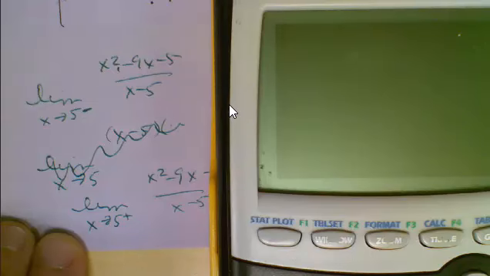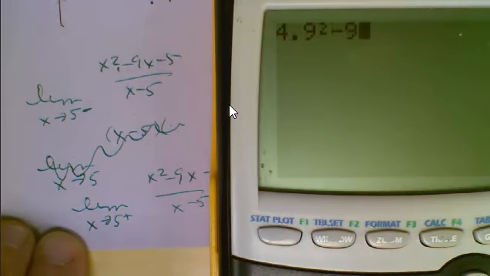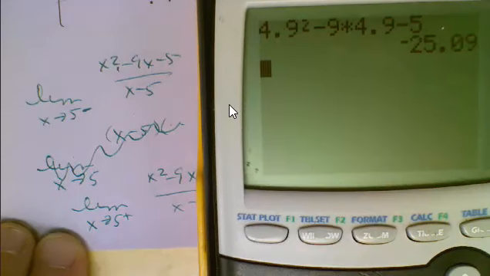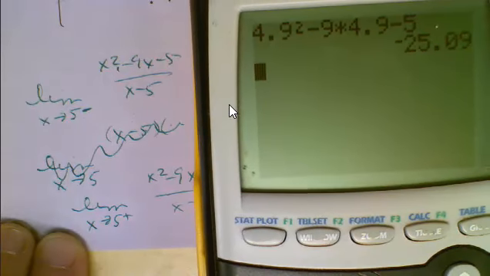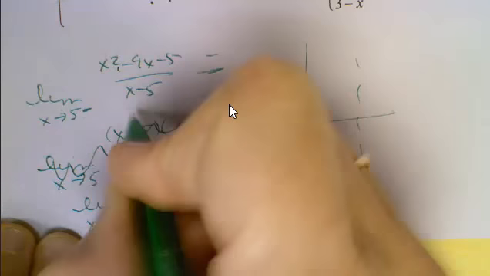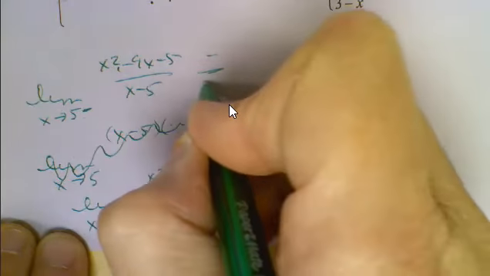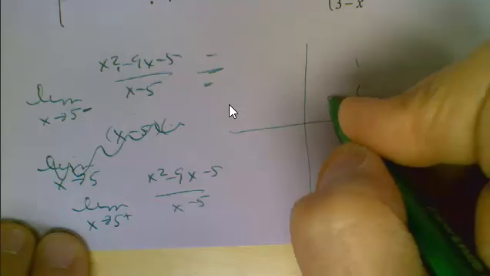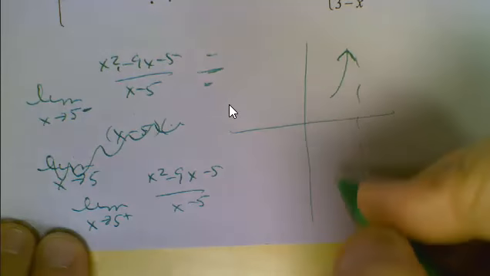If I put in 4.9 and square it, minus 9 times 4.9 minus 5, you're going to get a negative. We probably could have figured that out without doing too much math, but it's going to be a negative number. And if I put in a number a little bit smaller than 5, I'm going to get a negative, so that's going to be a positive. That's going to go to positive infinity.